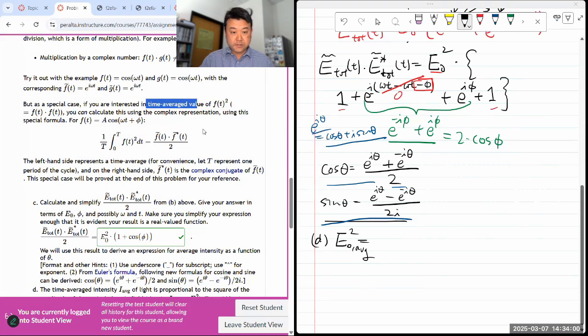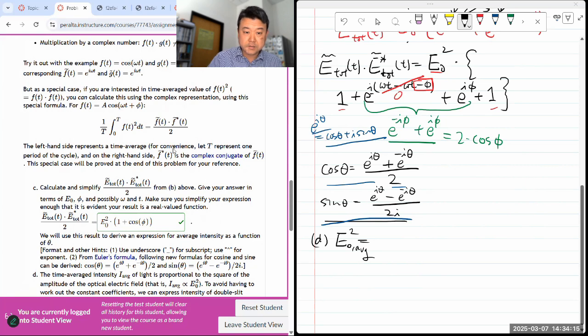So here, E0 average should be, I'm just copying this formula over, 1/2 E0 complex conjugate times E0 itself.